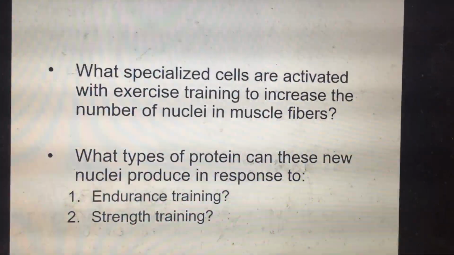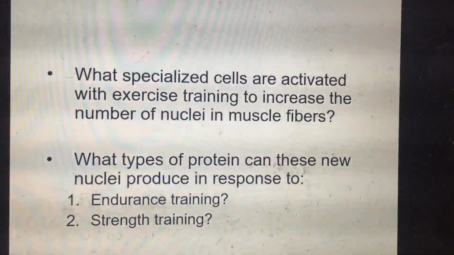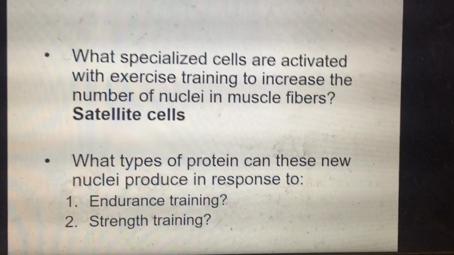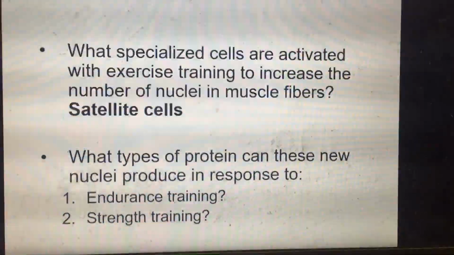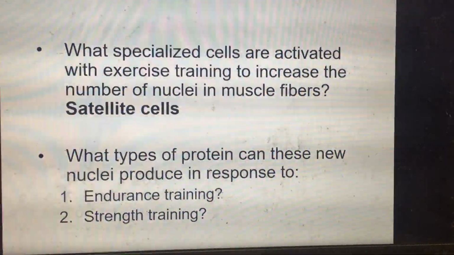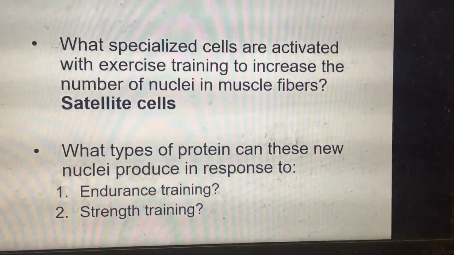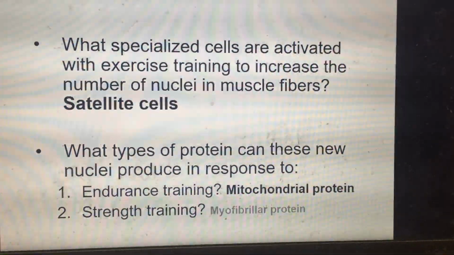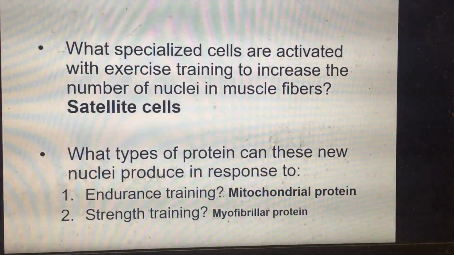What specialized cells are activated with exercise training to increase the number of nuclei in muscle fibers? You know that this is the satellite cells. These satellite cells help to synthesize new protein once they turn into nuclei. For endurance training, that would refer to mitochondrial protein. And for strength training, it's your myofibrillar protein.